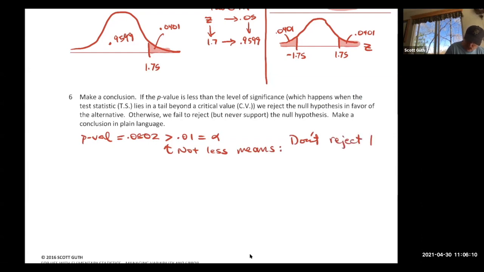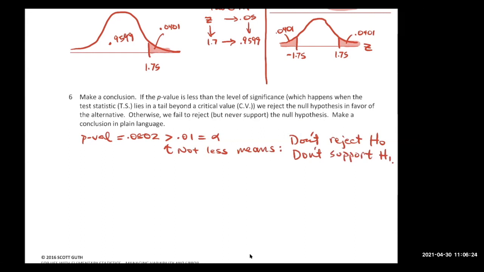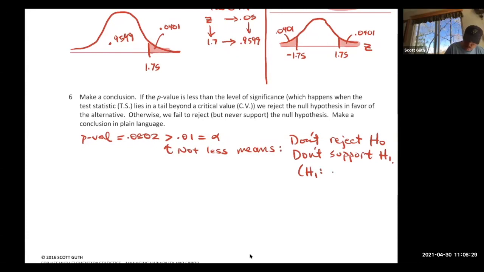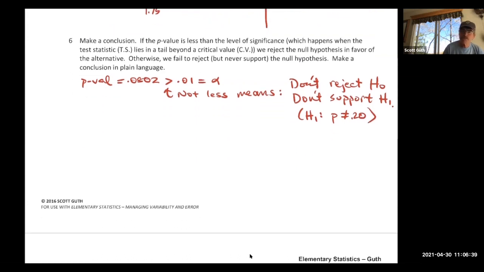But that doesn't make it true. Please be careful. Don't reject the null hypothesis and don't support the alternative. H1 had said that the proportion is not 20%. You can't prove it's not. You have no evidence. At least your evidence isn't nearly strong enough.